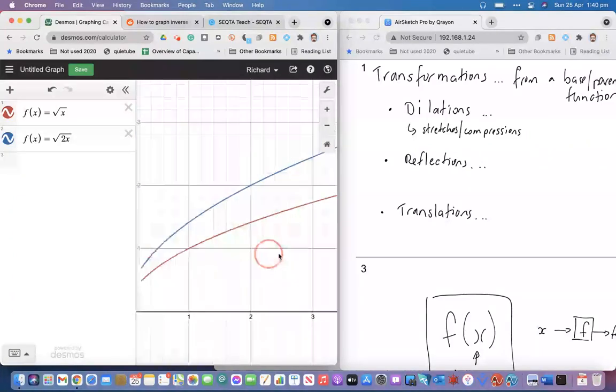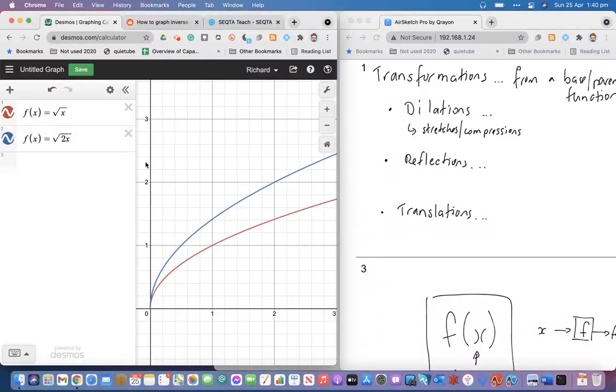Okay, so that's dilations, stretches and compressions. And importantly, we have this idea that we have an input and an output. Okay, we need to treat them separately. So with an input, the value that you see on the graph is just the dilation factor.